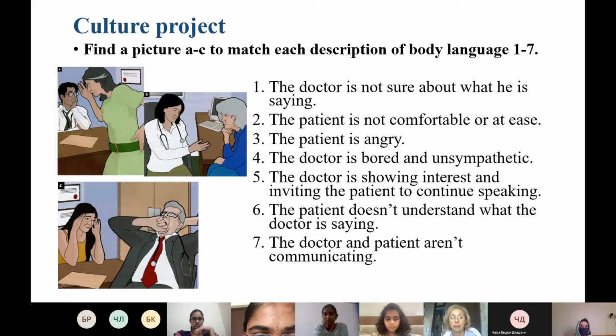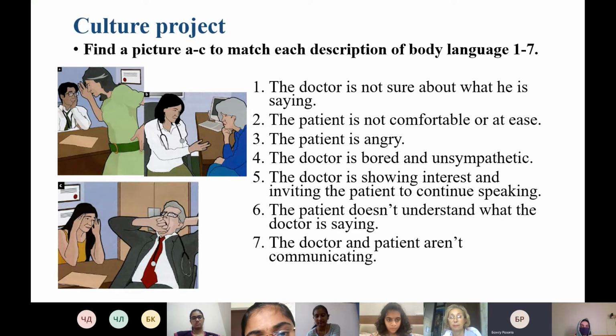Number 6. Manish? Okay. Sentence number 6. The patient does not understand what the doctor is saying.